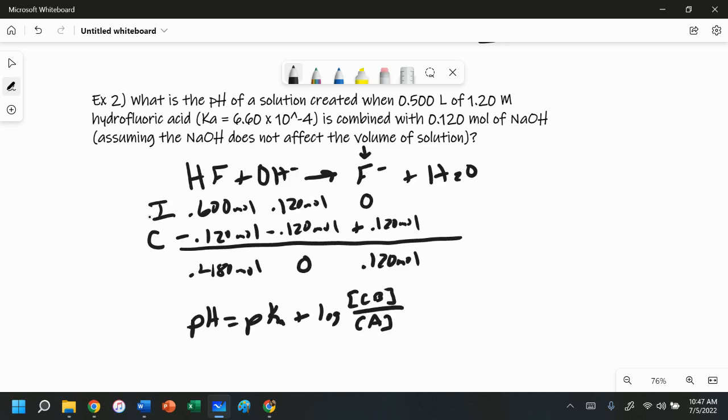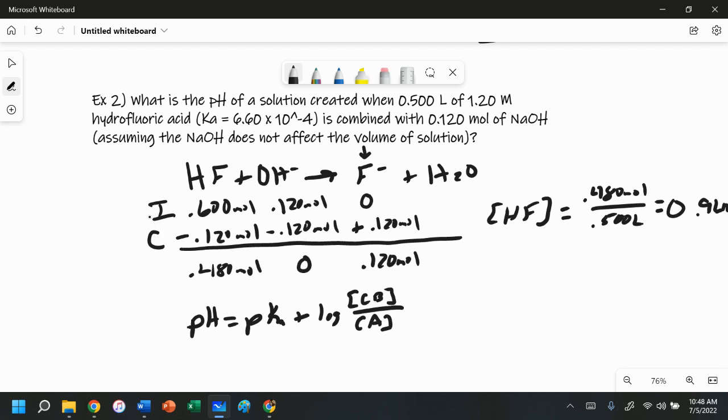So first, let's calculate the concentration of our HF and the concentration of our F minus. The concentration of our acid is the moles of our acid after the reaction, which is 0.48 moles, divided by the volume of the solution, which is 0.500 liters. So 0.48 divided by 0.5 gives us 0.96 molar.